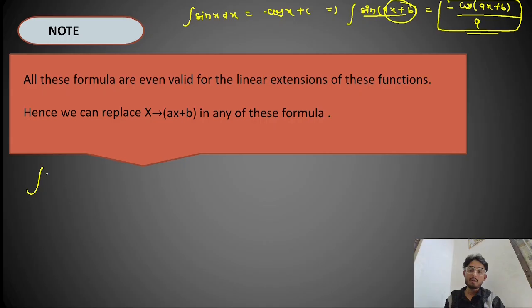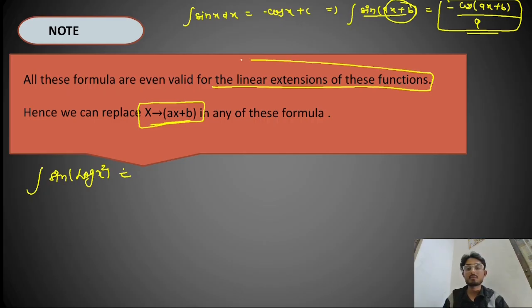But you can't find an integration of this kind of term, sin log x, because x can be replaced by only ax plus b. This means all these formula are valid for a linear expression of these functions. Hence, we can replace x by ax plus b, not more than that.